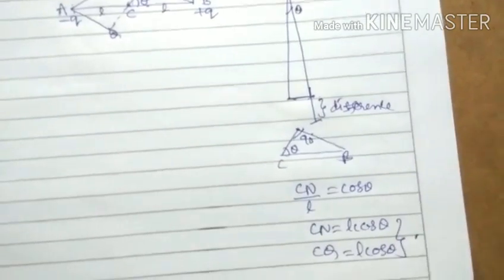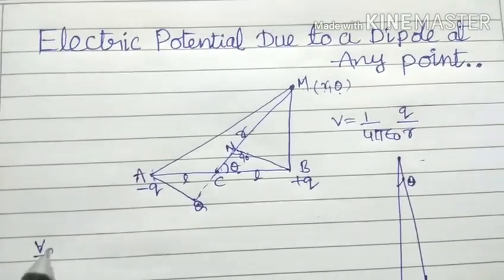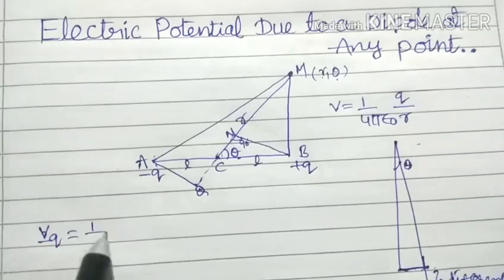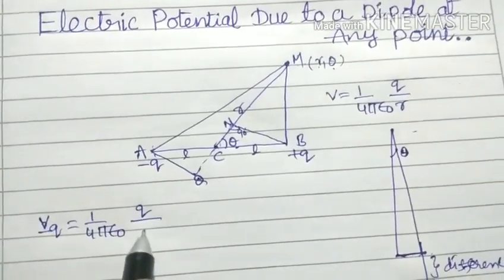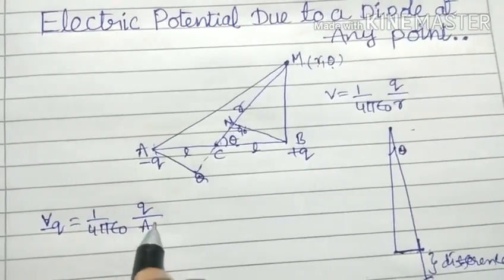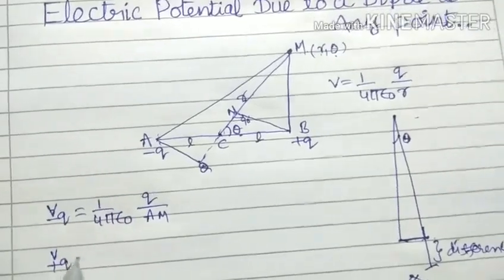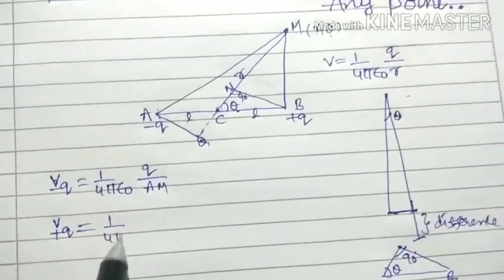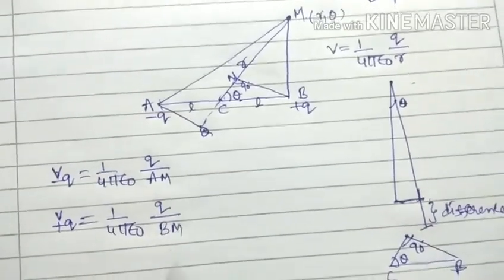Remember it. Let us write the electric potential due to the negative charge, V minus Q, is equal to 1 by 4 pi epsilon naught, Q by AM, and the electric potential due to the positive charge, V plus Q, is equal to 1 by 4 pi epsilon naught, Q by BM.